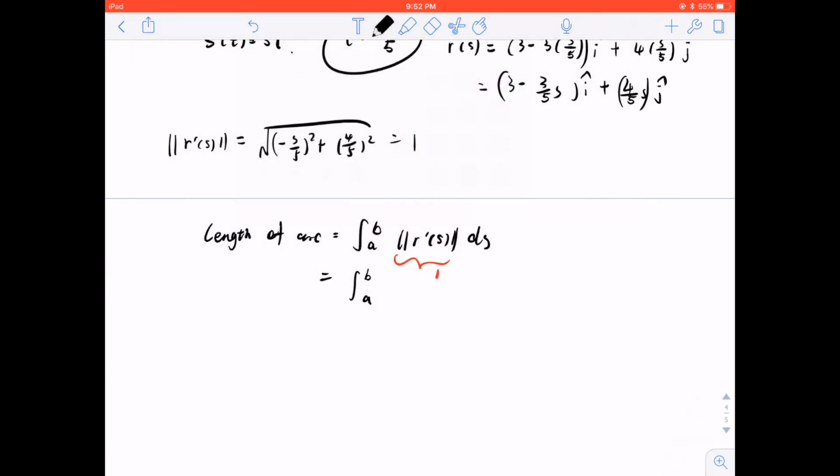So here it's essentially just the integral from a to b of 1 ds, and you're going to get b minus a, and that's just the length of the interval. So you can see now, if you use r(s) to represent the curve, when you're looking for the arc length, it's just the length of the interval. And that's really easy to use if all the conditions are met.